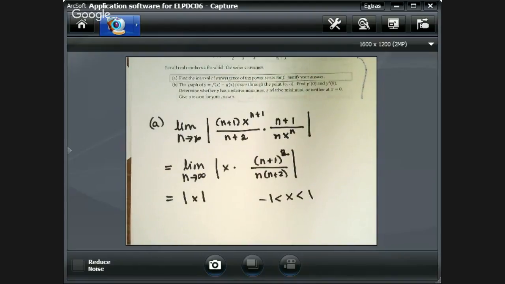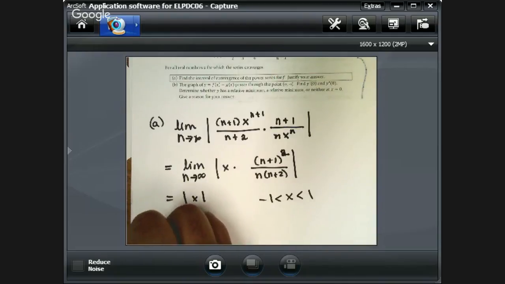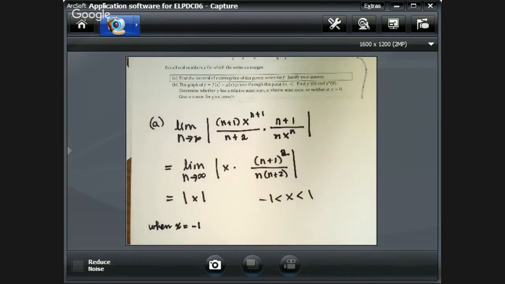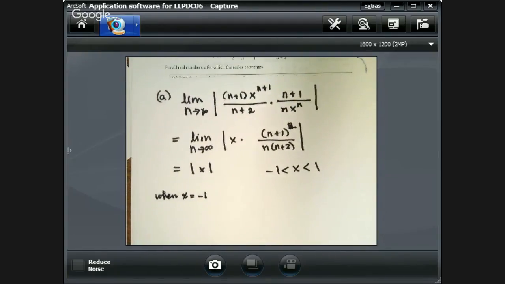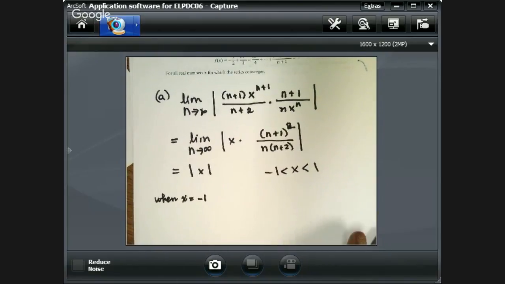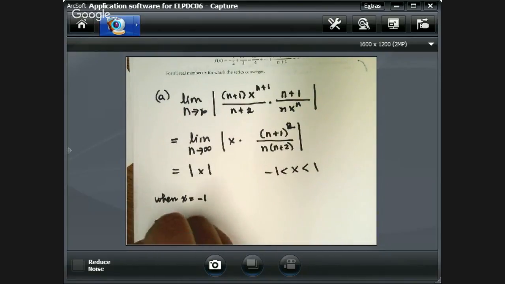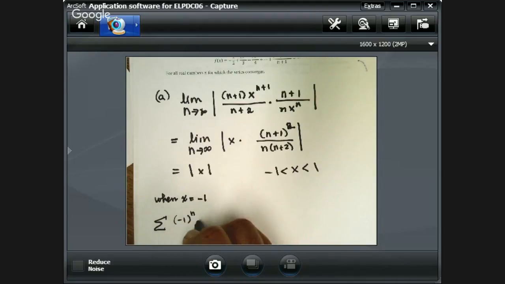Now I need to check the endpoints. So checking the endpoints, when x is equal to -1, then my nth term is going to look like this. This is the sum of -1 to the n times -1 to the n over n plus 1.